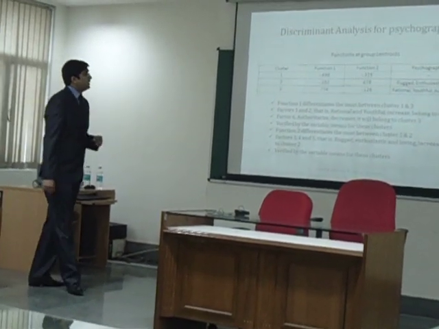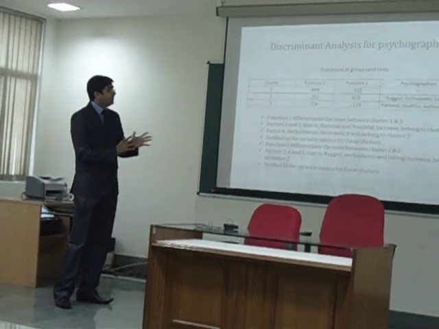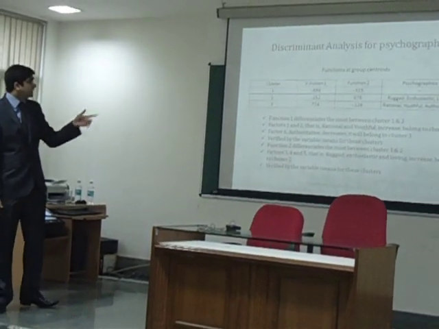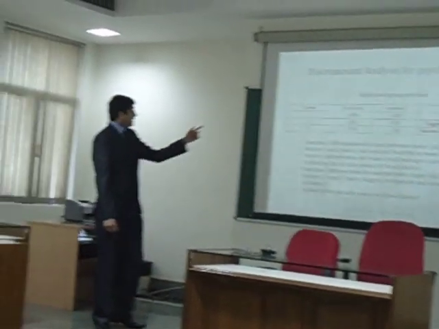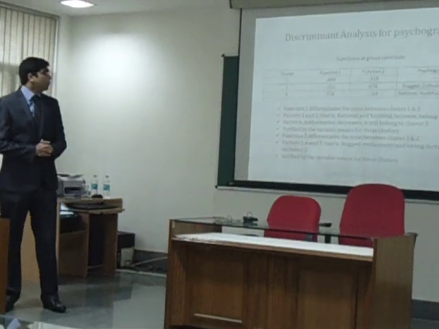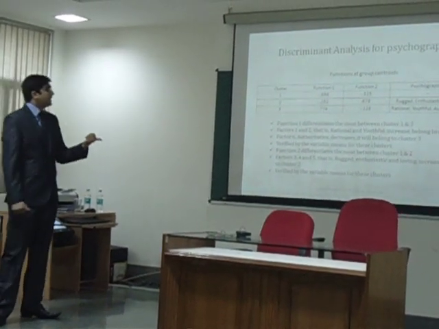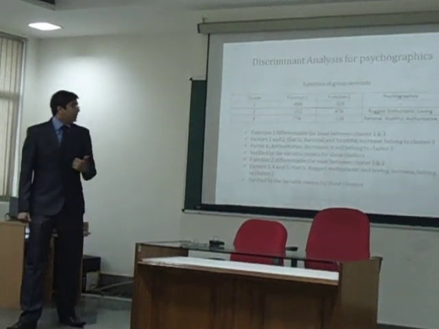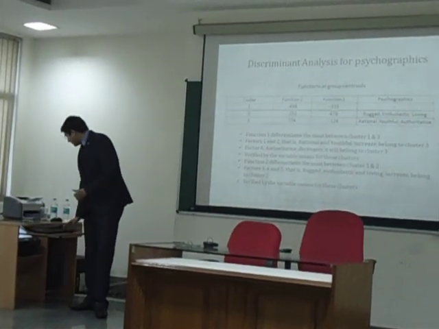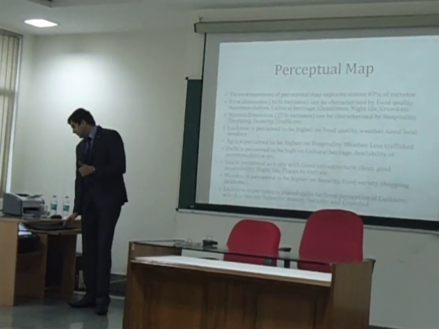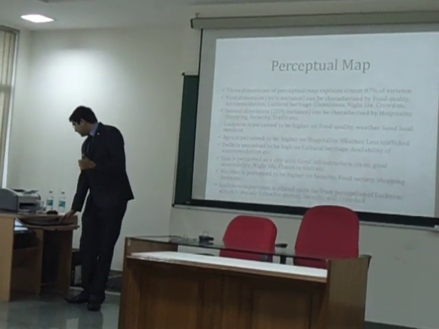Cluster 1 didn't emerge as having a significant relationship with any of the 6 psychographic characteristics, but cluster 2, if you see, is rugged, enthusiastic and loving, while cluster 3 is rational, youthful and authoritative. Then we did the perceptual mapping using Marketing Engineering for Excel.